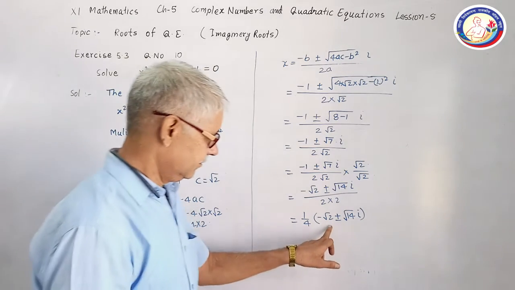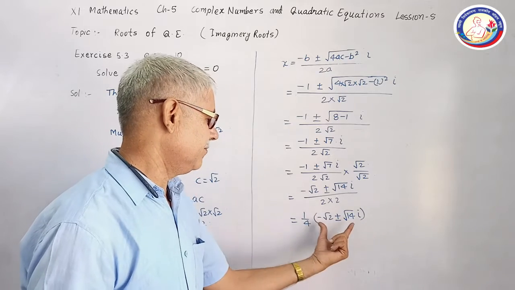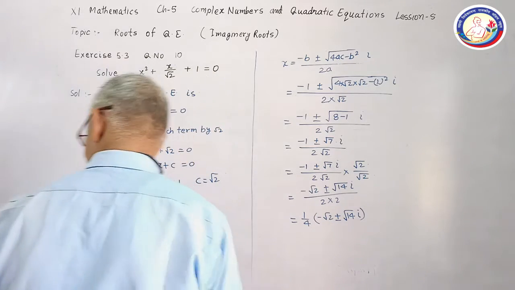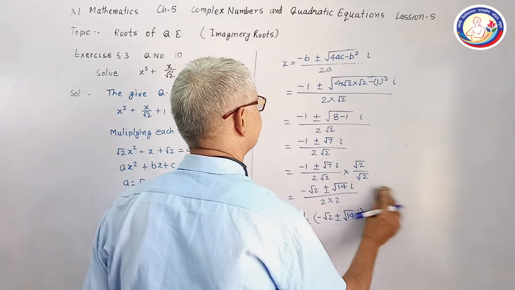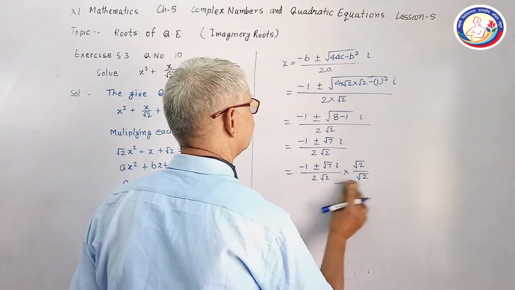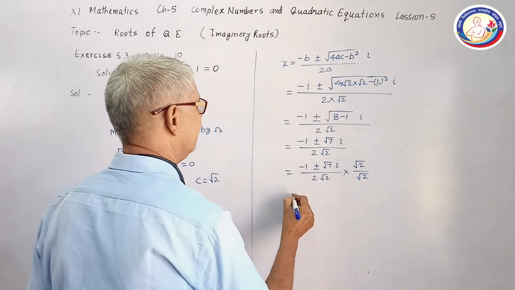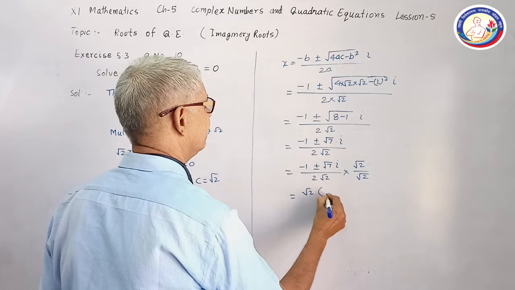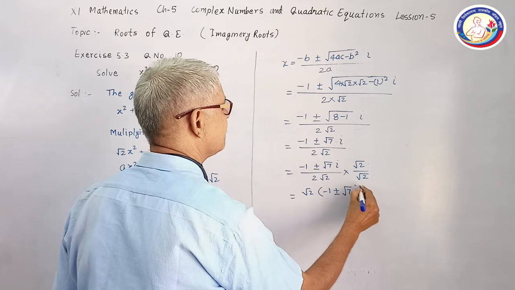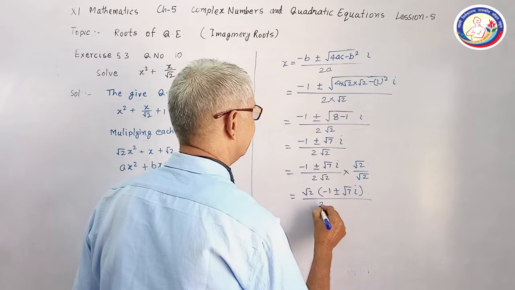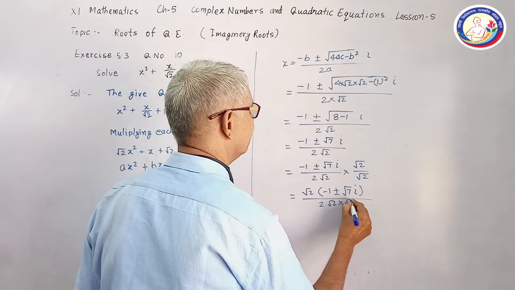And this is not a very good form to represent the answer. What will we do? We will write square root of 2 into minus 1 plus minus square root of 7 iota divided by 2 root 2 into root 2.